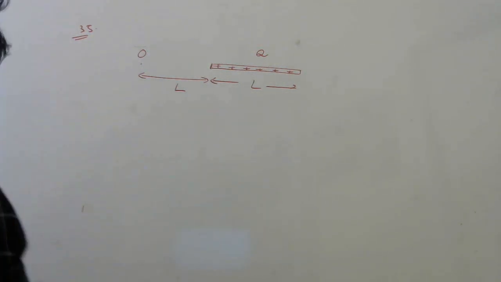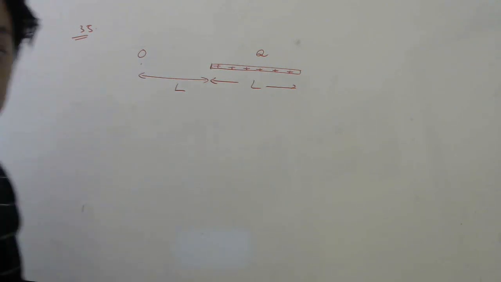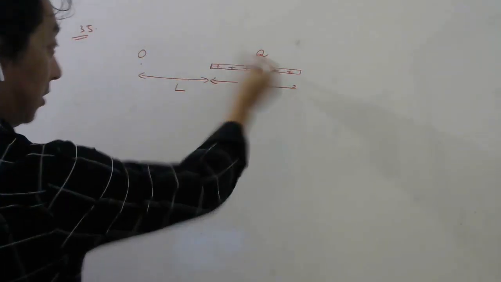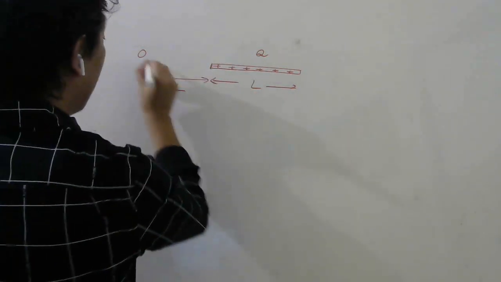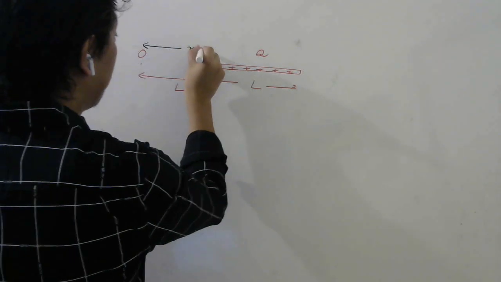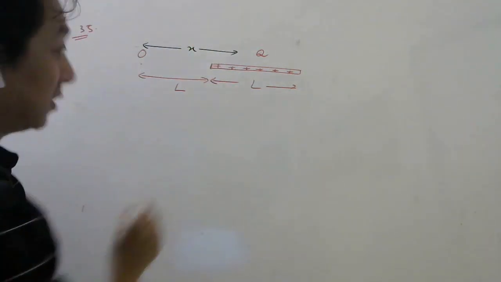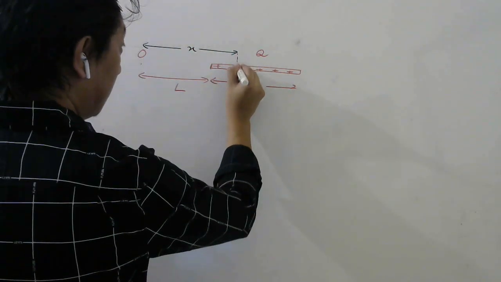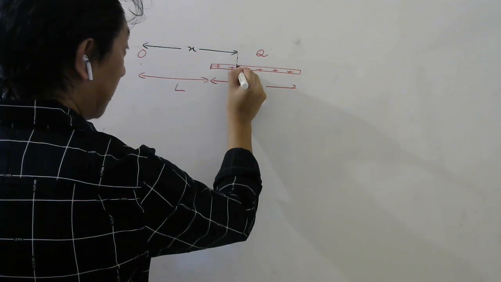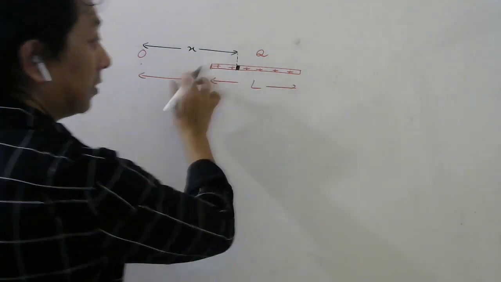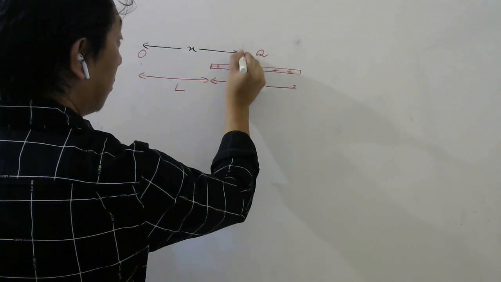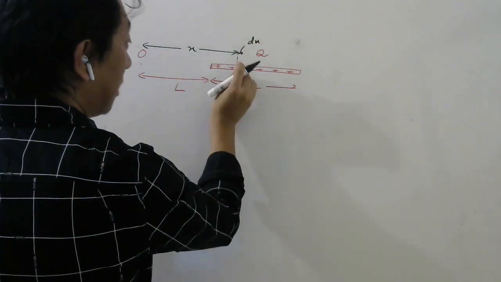So how to do it? Can I directly use the point charge formula? No, because this is not a point charge. So what will I do? I will take, at some distance x, a small part of this rod, and the length of that part will be dx.